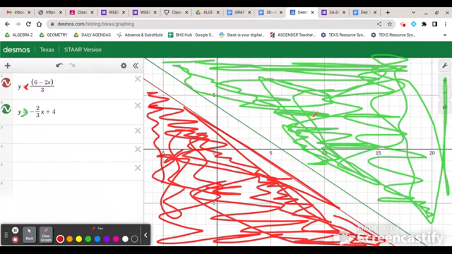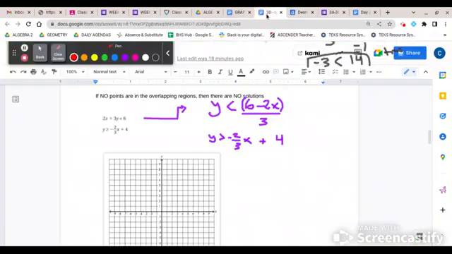So we see there's no regions that overlap. We have the green region up above here, the red region underneath here, nowhere where these two things meet. And so there's going to be no solution. So if no points are in the overlapping regions, then there are no solutions.